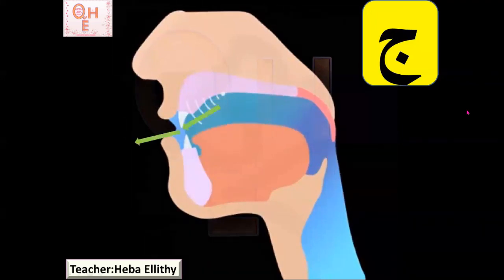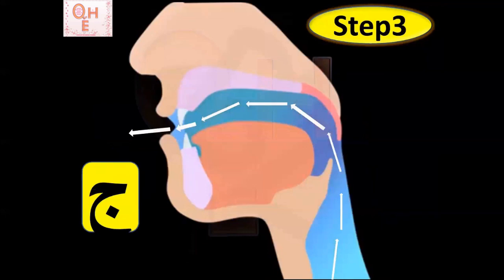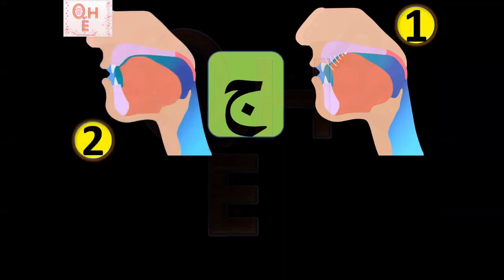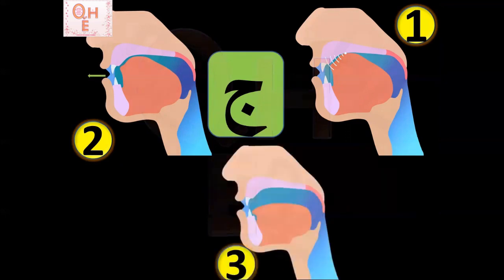Okay, let's go here and see letter G with three pictures to make it clear for you. Here, this is the first picture. The sound is coming from inside to outside, the tongue closes the area. In the second picture the tongue starts to go down a little bit, so the sound starts to go out a little bit.